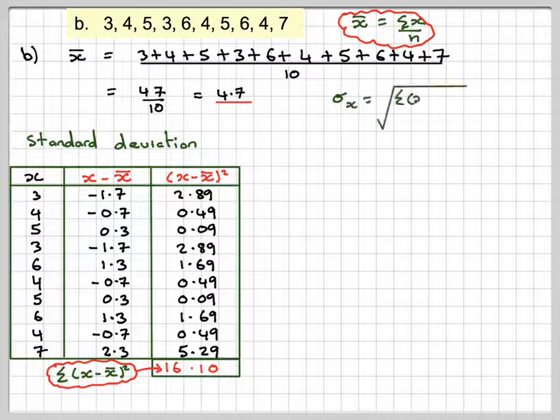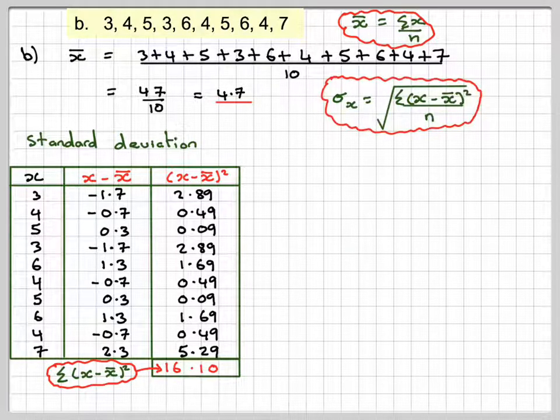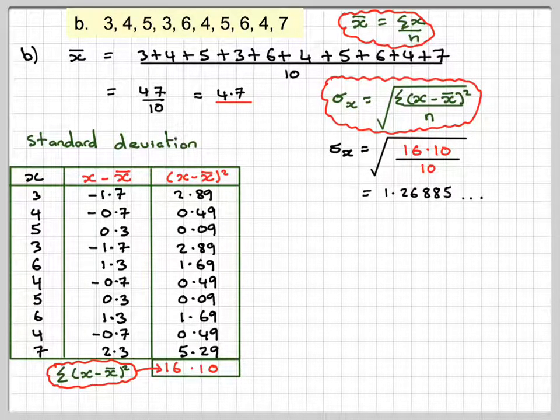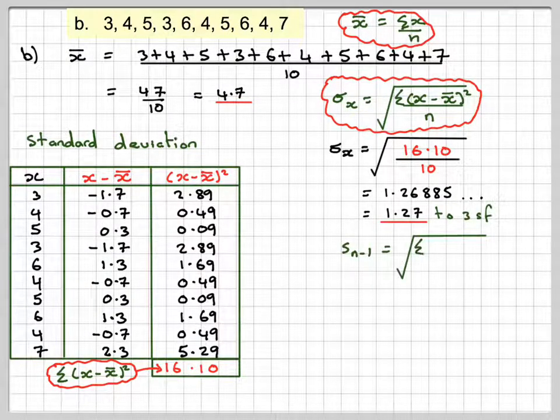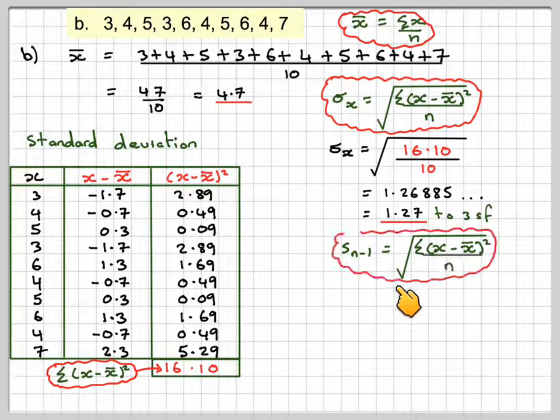So the population standard deviation will be the square root of 16.10, you see that's a much lower number than what we got before, divided by 10, which is 1.26885, which is 1.27.